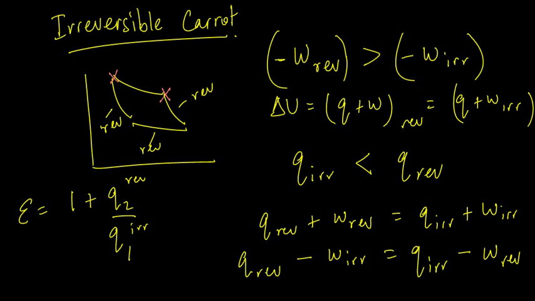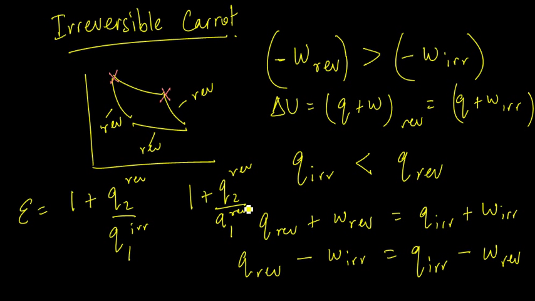In fact, I could answer your question even with this definition. This is Q1 irreversible, right? And this is the heat that is being pumped into the system. This is Q2 reversible, which is being taken out of the system. So this is a negative sign. This entire thing has a negative sign, right? And if I write the efficiency of the reversible one, then that's 1 plus Q2 reversible by Q1 reversible.